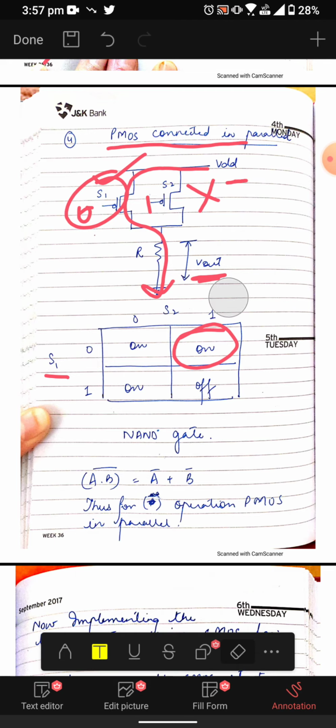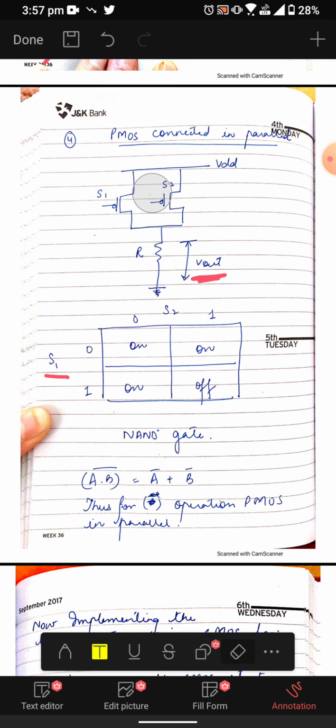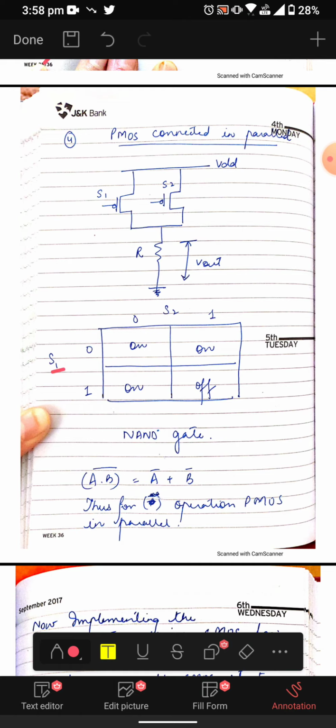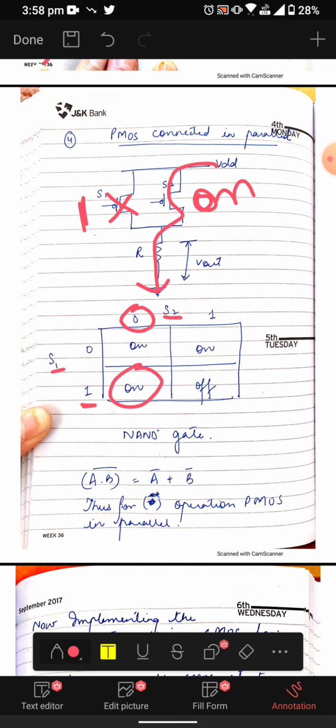Fine. Now let's reverse the inputs. S1 पे मैंने 1 दिया हुआ है, S2 पे मैंने 0 दिया हुआ है. 1 on S1 and 0 on S2. S1 पे इनपुट पे जब 1 है, it will be off, but S2 will be on. So VDD is again shorted to Vout. So Vout पे मुझे क्या मिल रहा है? On.